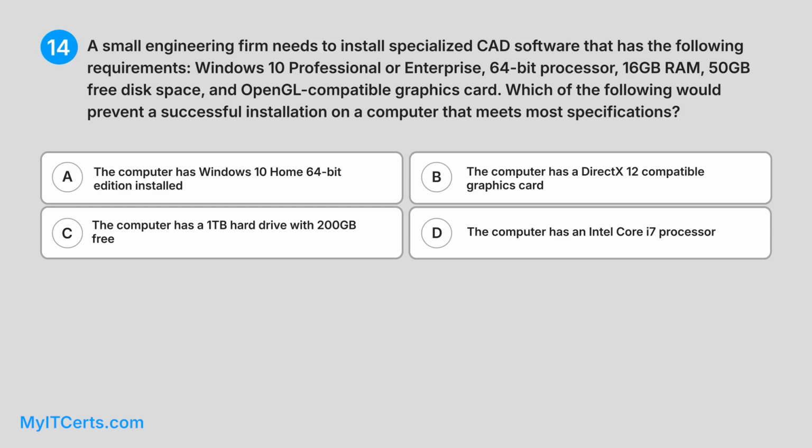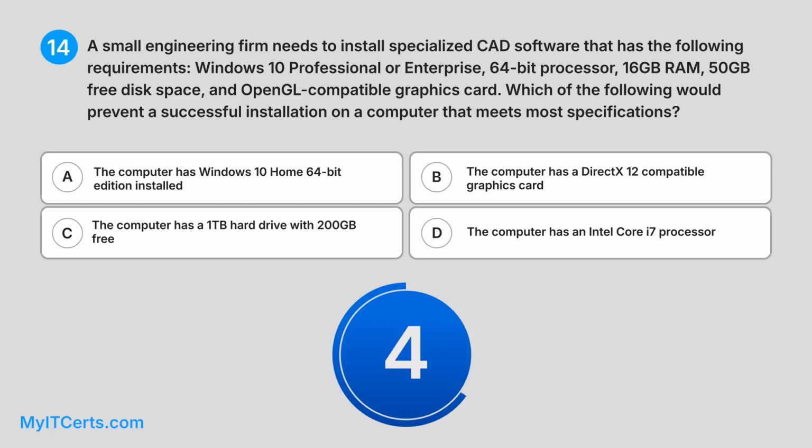A. The computer has Windows 10 Home 64-bit edition installed. B. The computer has a DirectX 12 compatible graphics card. C. The computer has a 1 TB hard drive with 200 GB free. D. The computer has an Intel Core i7 processor. Do you know the answer?